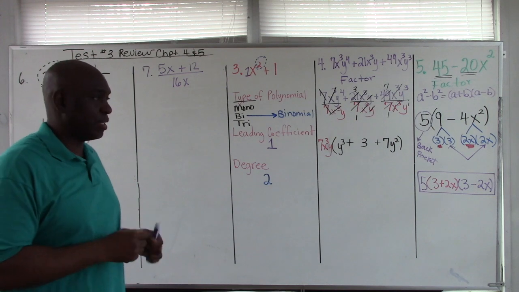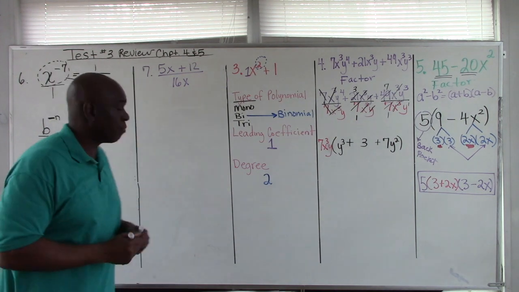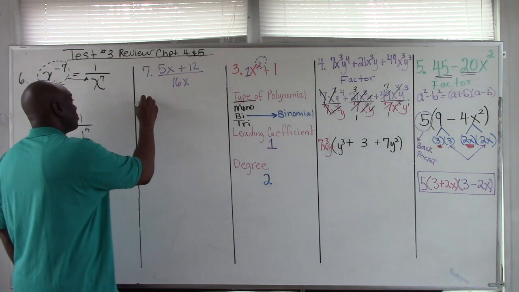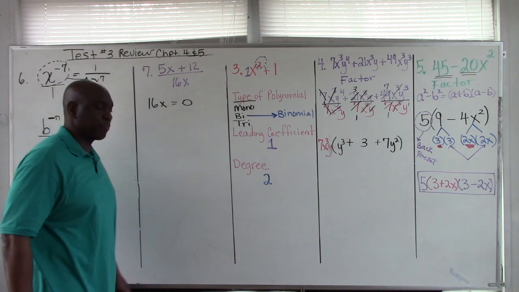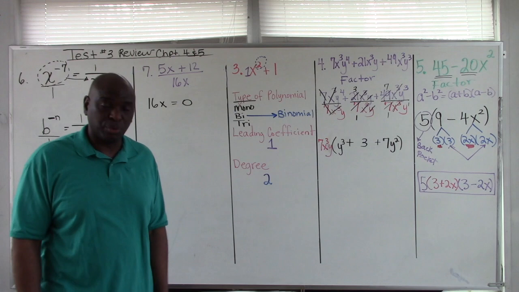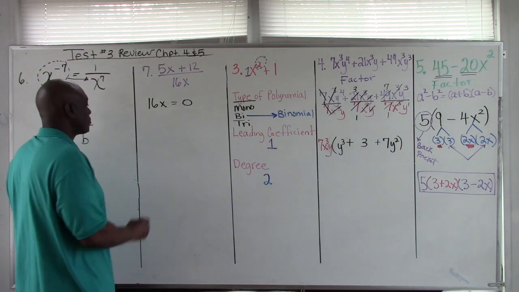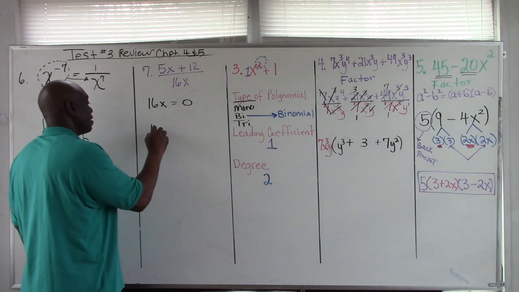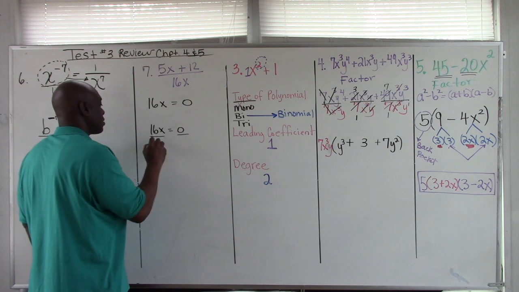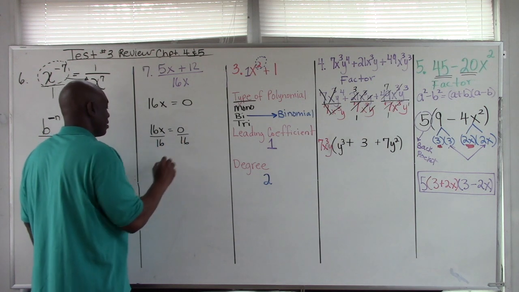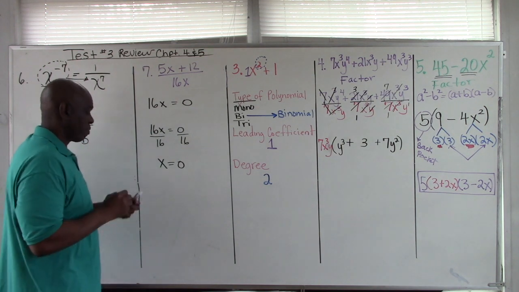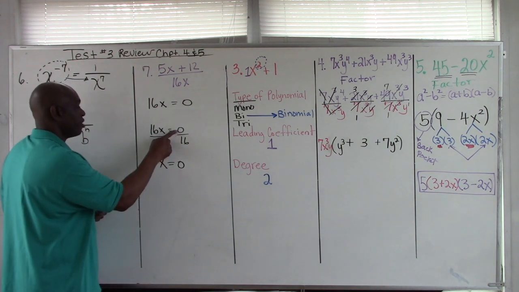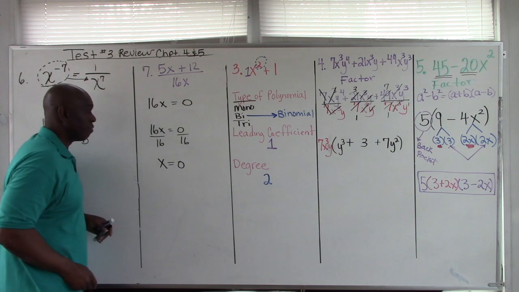Step 1, set your denominator equal to 0: 16x equals 0. Step 2, solve for x. If 16x equals 0, divide both sides by 16, which means x equals 0, because 0 divided by 16 is 0.